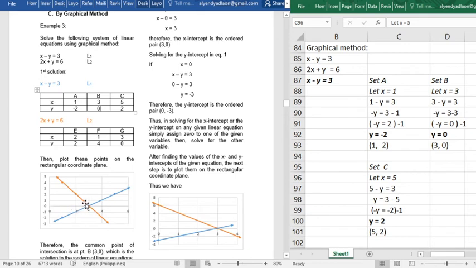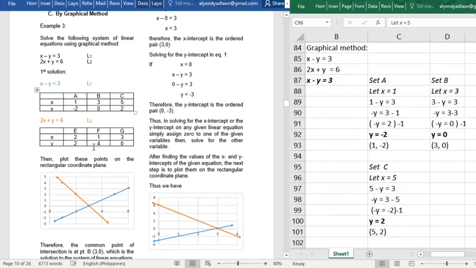So this is the point. And lastly, for set C, x is 5, so here is 5 between 6 and 4, and y is 2. As you can see, that is in line with number 2. So here is our point. And then you make a line. So this is our line for x minus y equals 3.